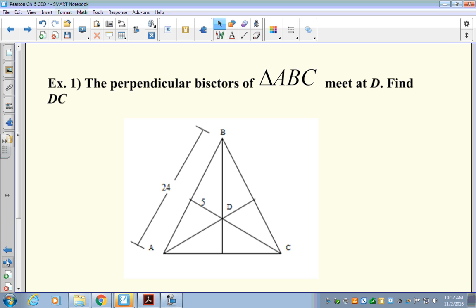The perpendicular bisectors of triangle ABC meet at D. If I use the circumcenter property where they're all the same distance from the vertices, I can say that the distance from A to D is congruent to the distance from D to C, is congruent to the distance from B to D. So if I have a perpendicular bisector point of concurrency, a circumcenter, then I can say that each of these 3 things are congruent.